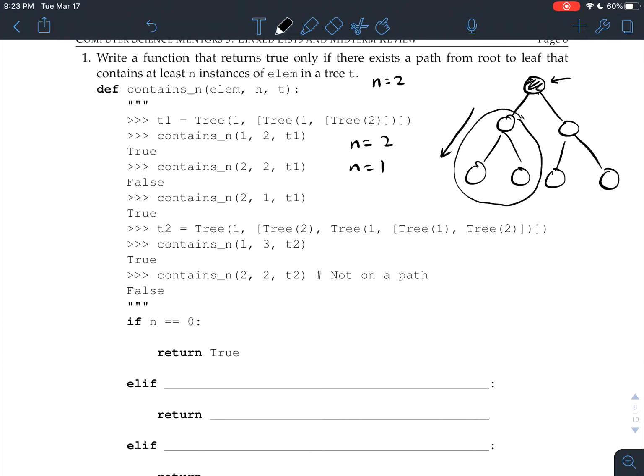So if the top node was an element, then we'd only need to find n equals 1 instances of elem along this path right here. However, if the top root node was not an element, then we need to find 2 along this path. So that basically sets up the frame and structure for our recursive call.